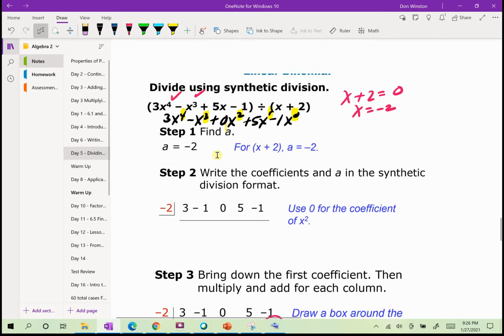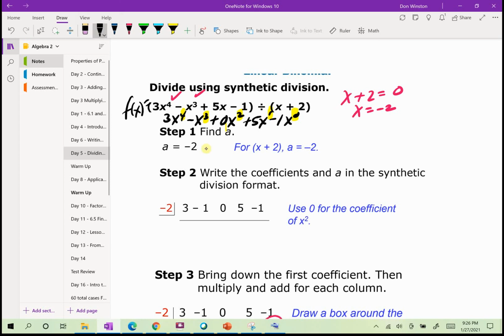Here I had 3x to the fourth minus x cubed plus 5x minus 1, and I'm dividing by x plus 2. My potential 0 is negative 2. Let's say that's my function f of x.